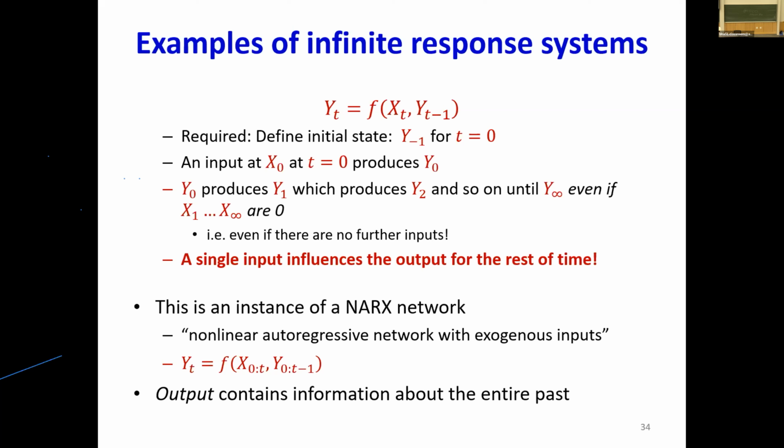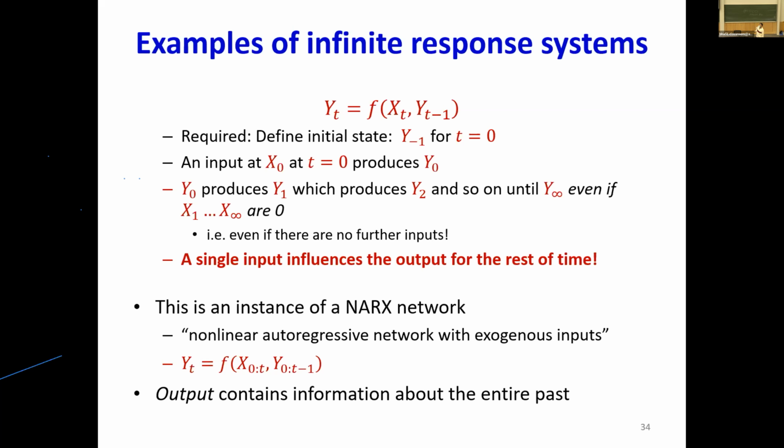Now, clearly, yt minus 1 carries information about xt minus 1. So it has information about the past input. But then yt minus 1 was in turn a function of yt minus 2, and so on, and so on, and so on. And so eventually, the prediction at any time is going to be dependent on every single input that ever went into the system.